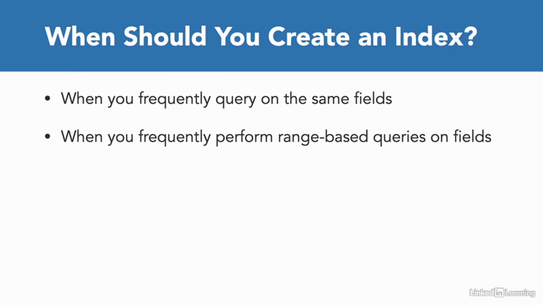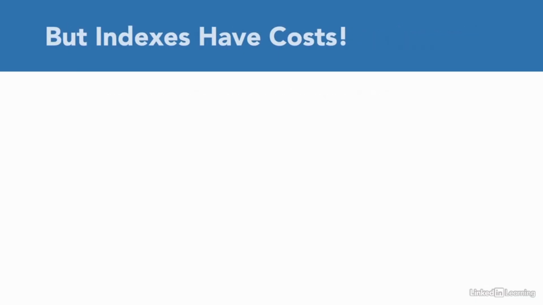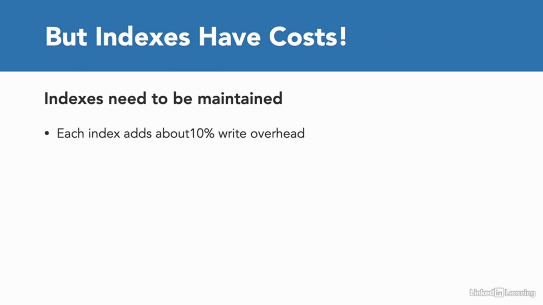Generally, if you frequently query data in a similar way, that is called a common query pattern. And if you have a common query pattern, generally you want an index on that pattern. However, indexes come at a price. Indexes need to be maintained by the database, which adds about 10% write overhead to your write operations.